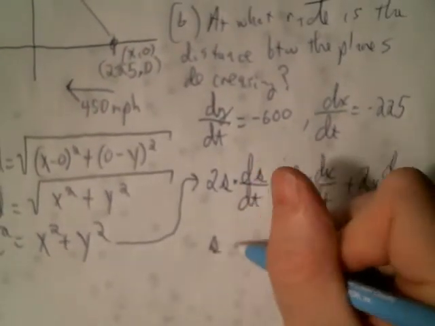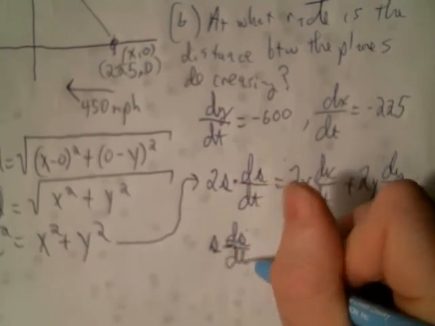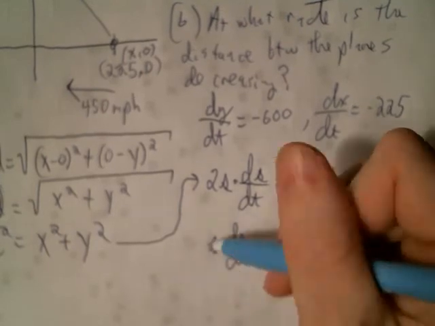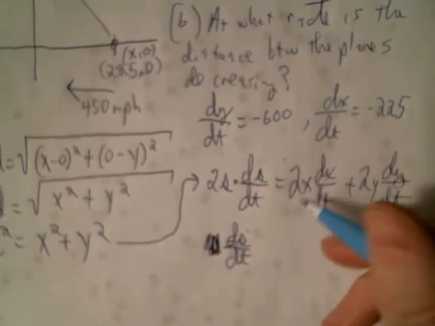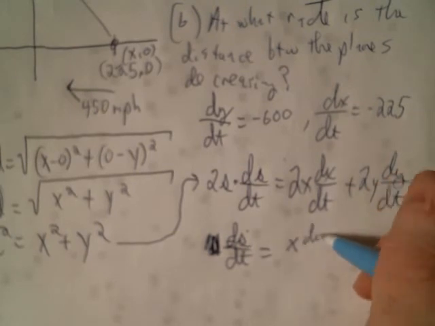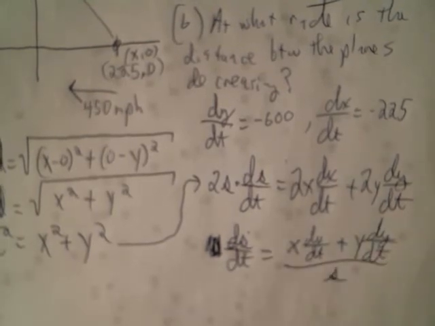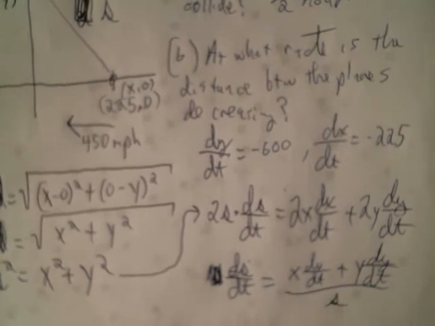I'm going to want to divide by s as well, so I might as well do that all at once. This will equal x times dx with respect to dt plus y times dy with respect to dt, all over s. So I just need to fill in the blanks.